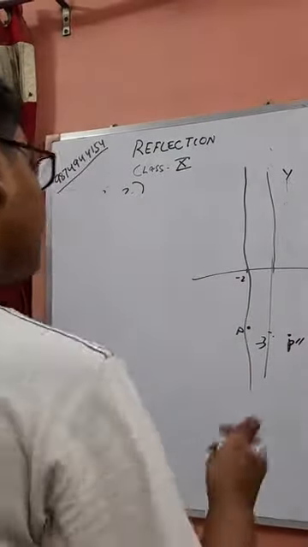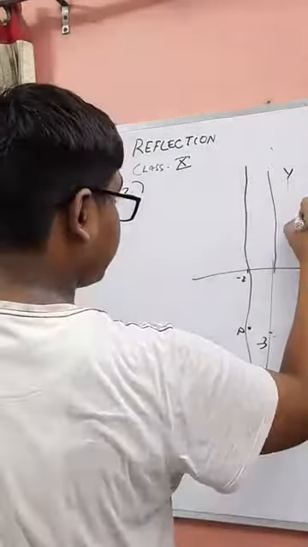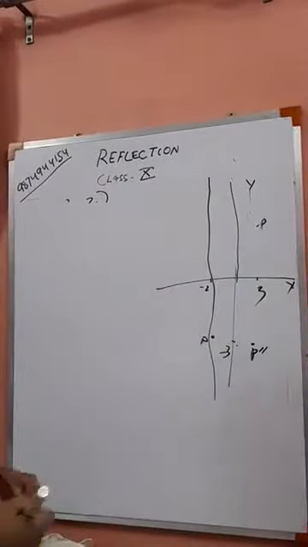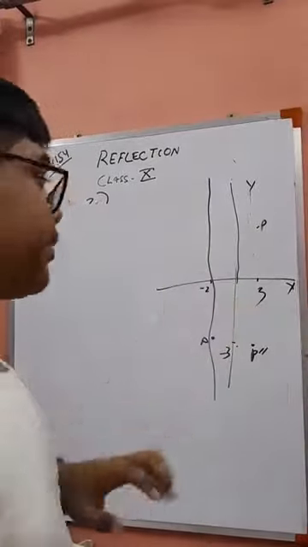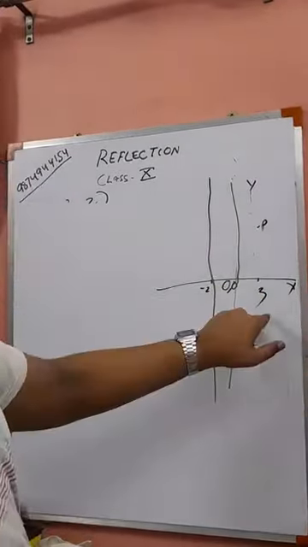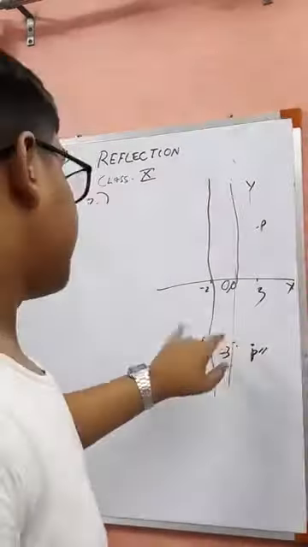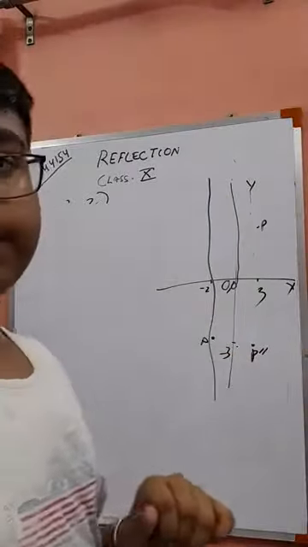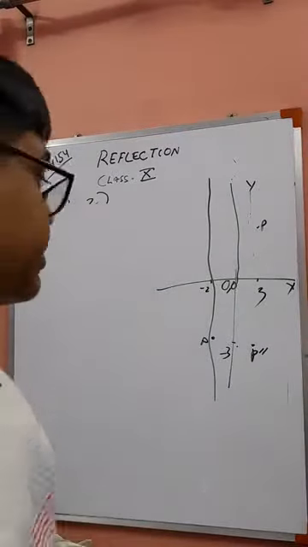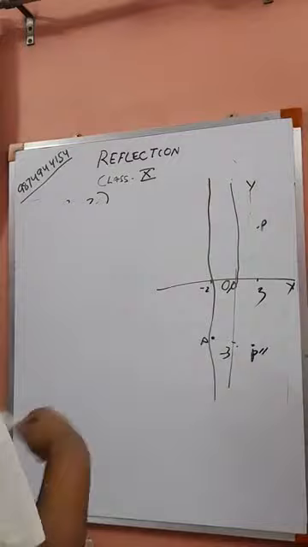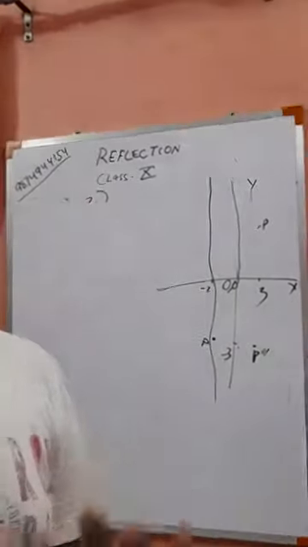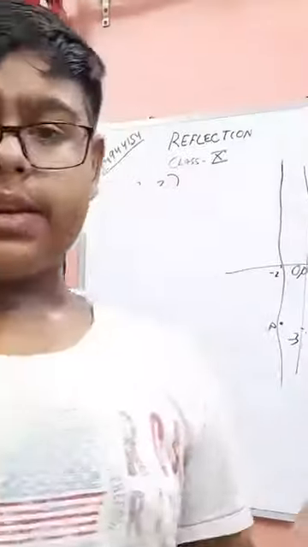Suppose we have a point over here which has the x value of 3. Now this will always have the y value of 0, therefore it is 3 distance from here and 2 distance from here. Therefore total distance is 5. Now as image distance is equal to object distance, therefore 5 units from here, that would be -2 minus 5, and we don't take care of the sign convention over here.